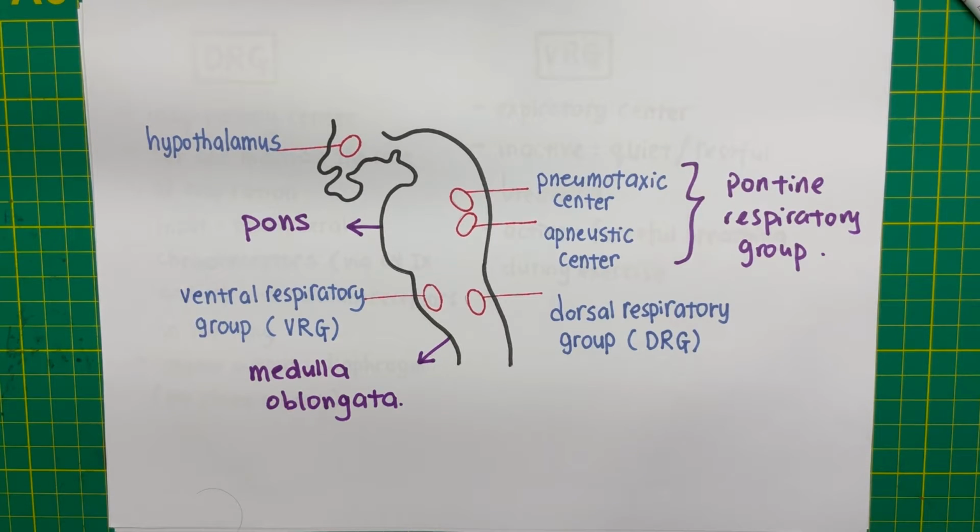We have to remember that both groups actually come in pairs, bilaterally, on the right and left side of the brainstem.